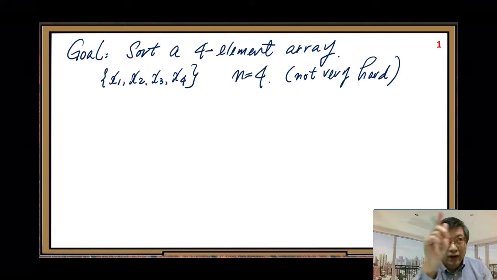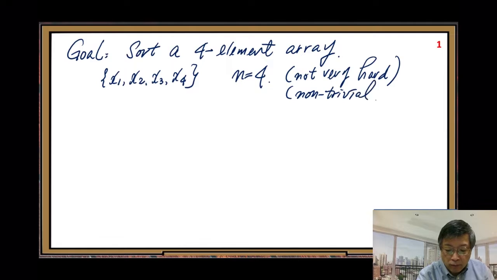When n equals 4, there are 4 elements. That means it is non-trivial. That means you really need to do some smart work to solve it.